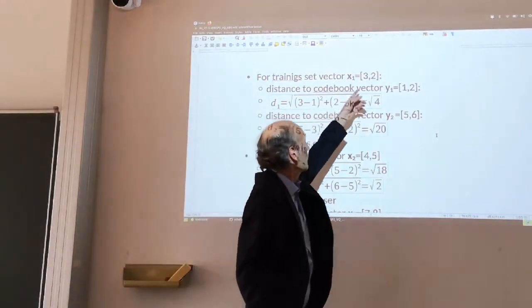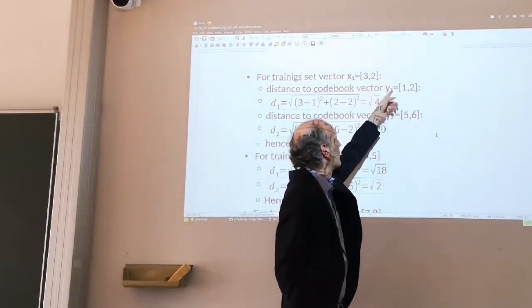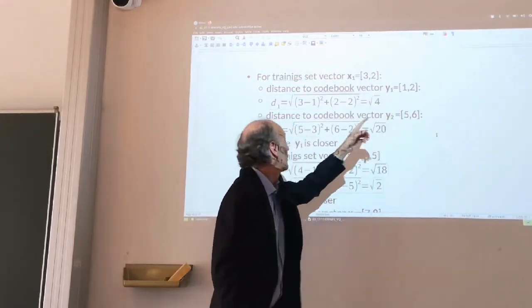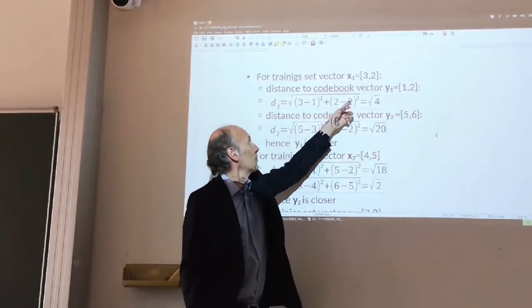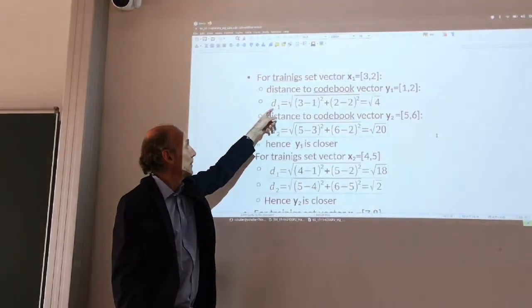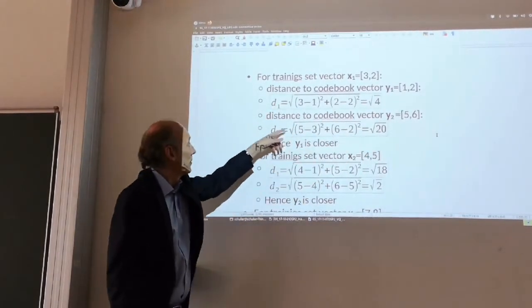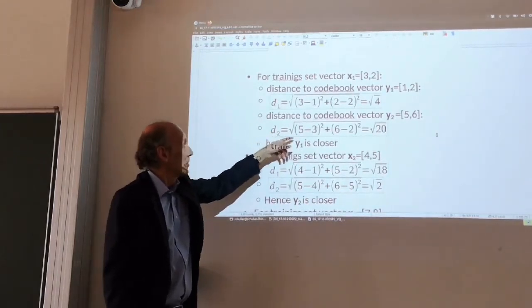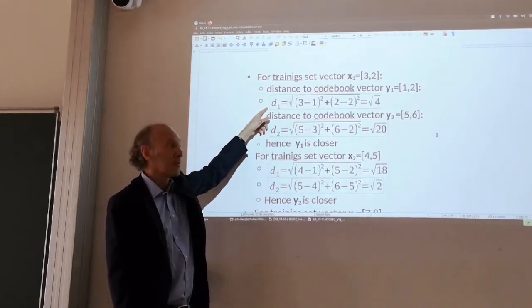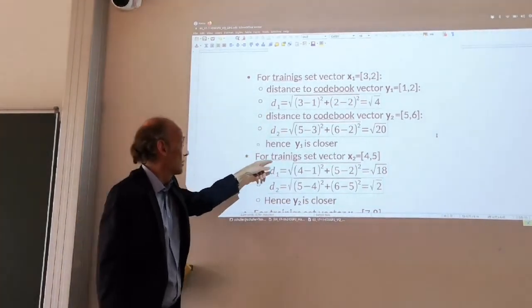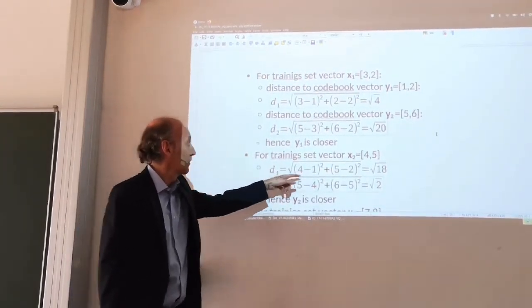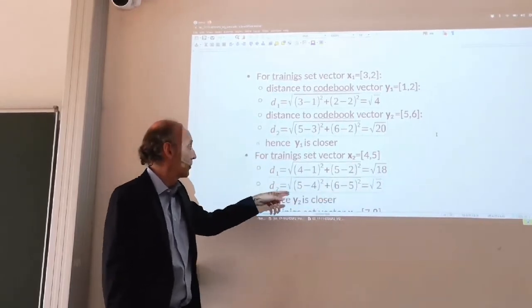So here you simply compute the Euclidean distance between x1 and y1, and you can see here for each dimension it takes the difference, squares it, then sums it up, and takes the square root. So here the distance to code word 1 is square root of 4. Here we see the distance to code word 2 is square root of 20. So code word 1 is the closest. For signal vector 2, distance 1 is square root of 18, distance 2 is square root of 2.